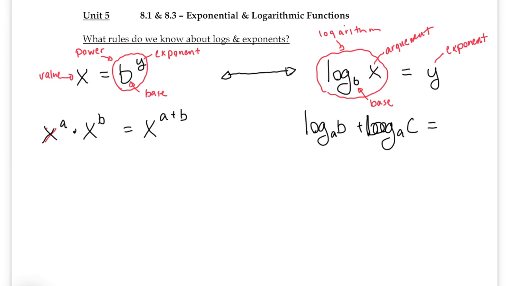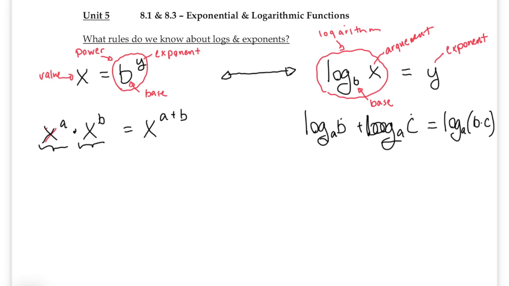Well, think about it this way. This is sort of the value times the value. And this is exponent and exponent. I'm adding exponents, means I can multiply the values. So this is log base a of b times c. That would be the logarithmic form of the product law.